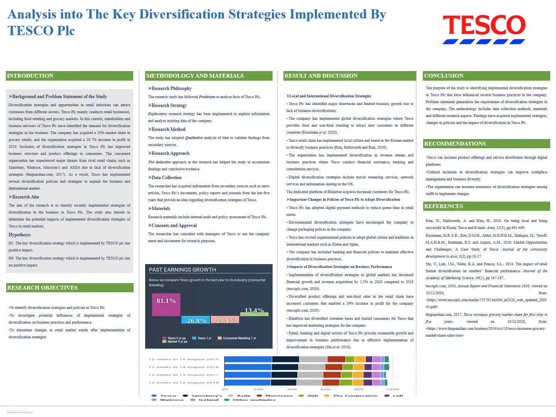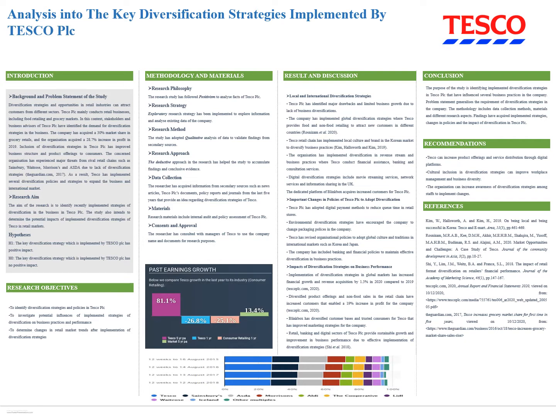Tesco Plc mainly conducts retail business including food retailing and grocery markets. In this context, stakeholders and business advisors of Tesco Plc have identified the demand for diversification strategies in the business.